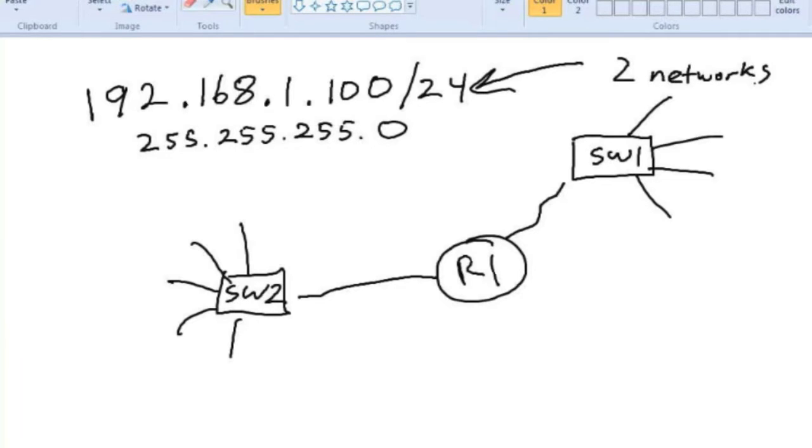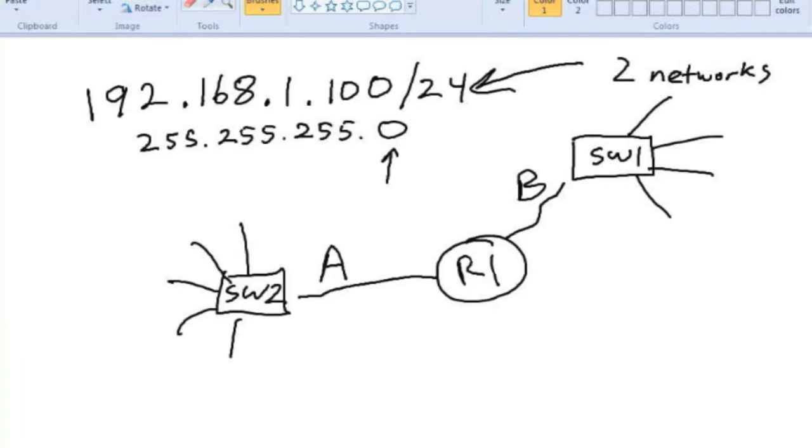We actually call these subnetworks. So you want to extend the subnet mask, what we call borrowing bits, to create network A over here and network B over here. You see?